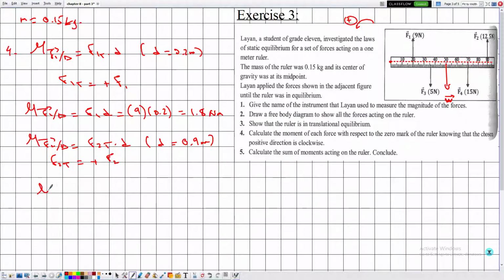So the moment of the force F2 on delta is equal to F2, this being replaced here, multiplied by d, which is equal to 12.5 multiplied by 0.9. Plugging this into the calculator, 12.5 multiplied by 0.9 is equal to 11.25 newton meters.